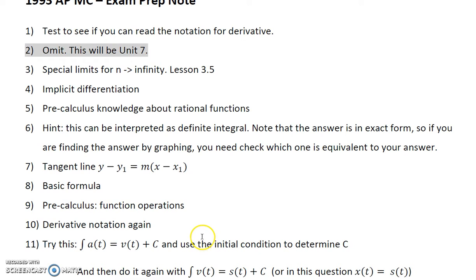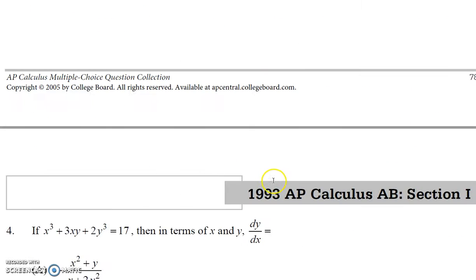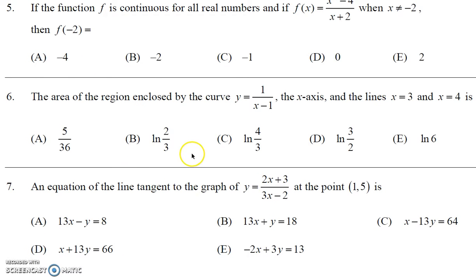Question number six is a word question, but after you read it, if you make a graph, you realize this is the same as asking you for the definite integral. You can try it, and you have a calculator, so you can use the calculator to find the answer directly from the definite integral. However, the answers in this question are all in exact form, like ln 2 over 3, ln 4 over 3, and so on.